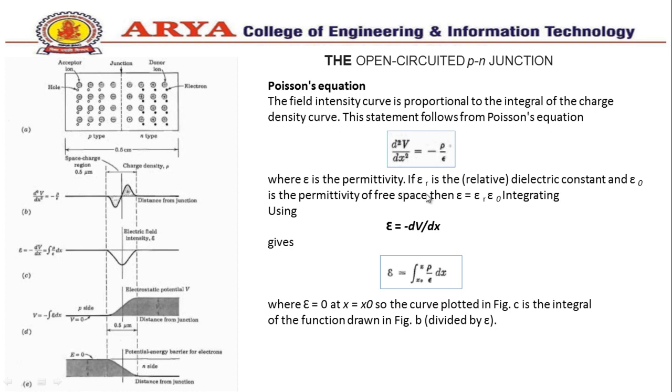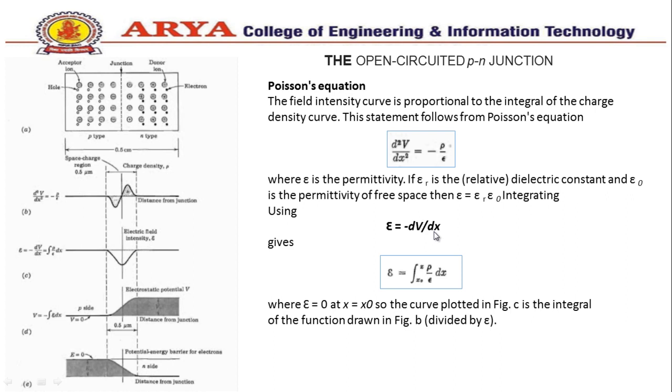If epsilon r is the relative dielectric constant and epsilon naught is the permittivity of free space, then epsilon is given by epsilon r times epsilon naught. From this equation, we can convert it using the relationship between electric field intensity and potential, that is E equal to minus dV upon dx.